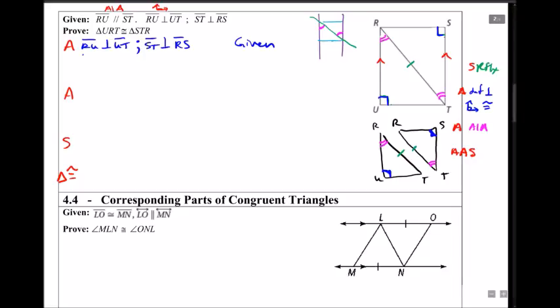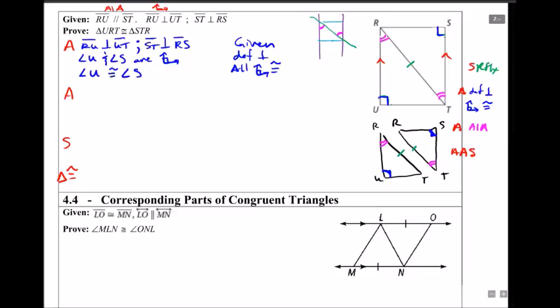That let us make angle U and angle S right angles. That's definition of perpendicular. And then what did that let us do? That lets us make angle U is congruent to angle S because we know that all right angles are congruent. So we needed 3 steps to get that first angle.